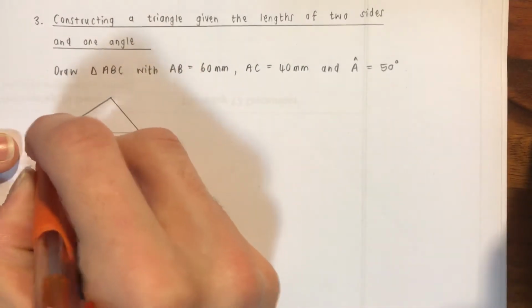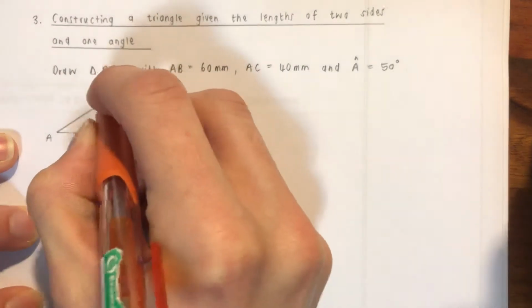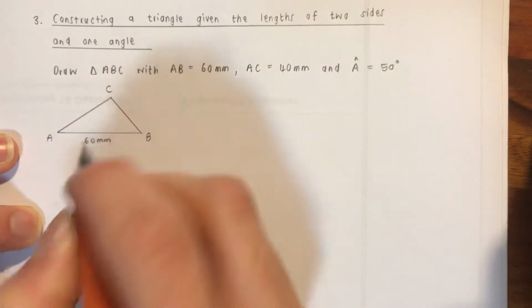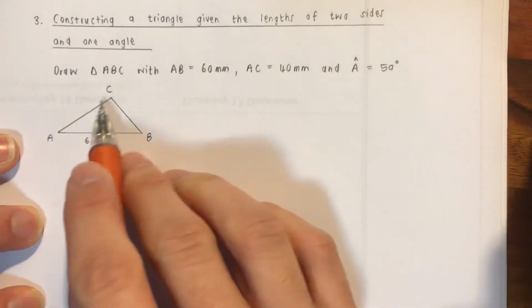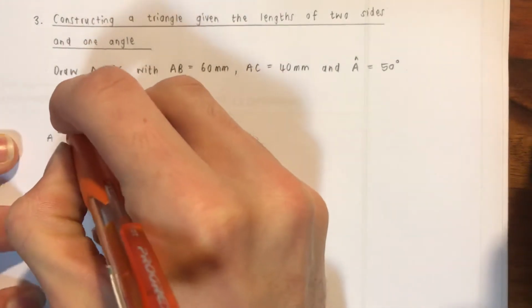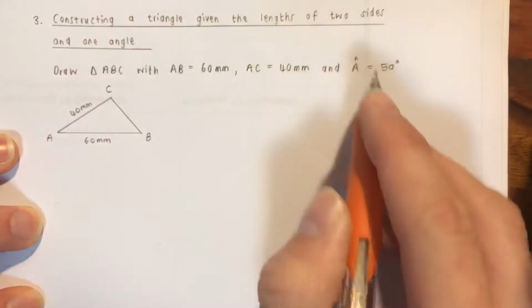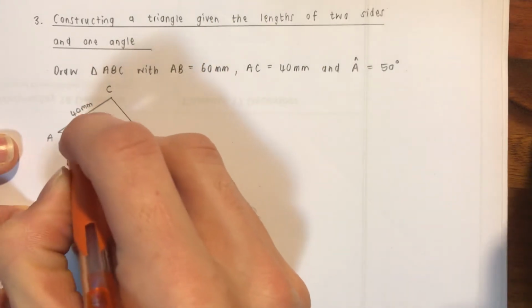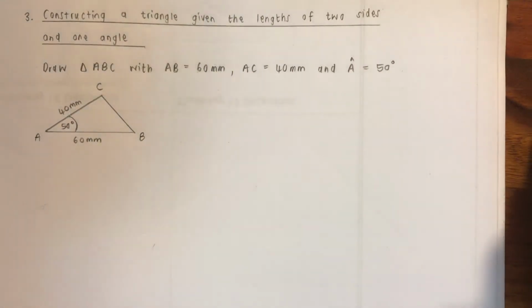So we call it A, B, C. They tell us AB is 60 millimeters. So that is 60 millimeters. AC, this one here, is 40 millimeters. And angle A, this one here, 50 degrees. Definitely not drawn according to scale, but that's not a problem.